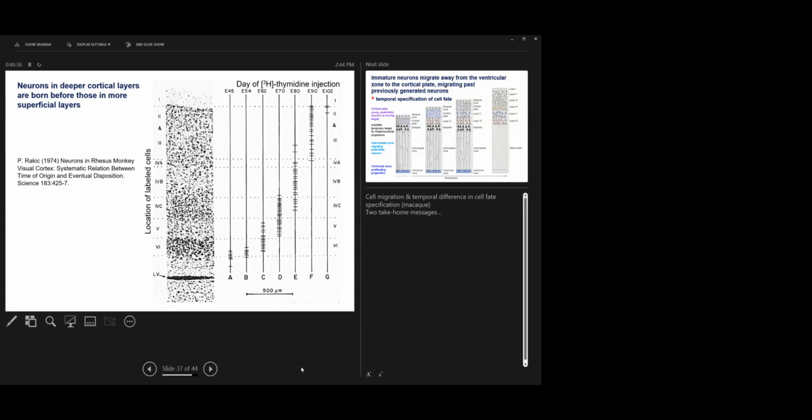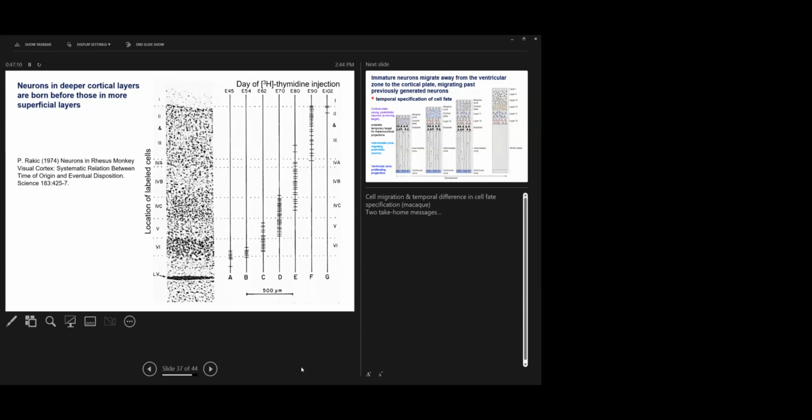Okay, so you can do that again by using fate mapping, or by radiolabeled thymidine injection. You can do the analysis in different parts of the cortex. So if you inject at E45 of the monkey visual cortex, you can label the neurons which form in the earlier stage of development, like the deeper layer, layer 6.